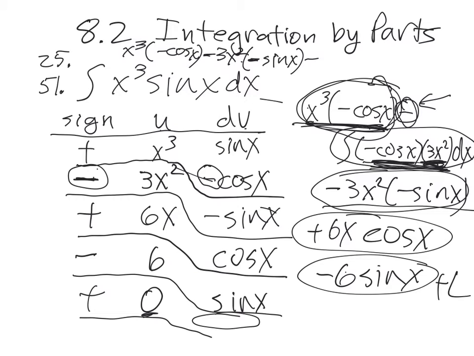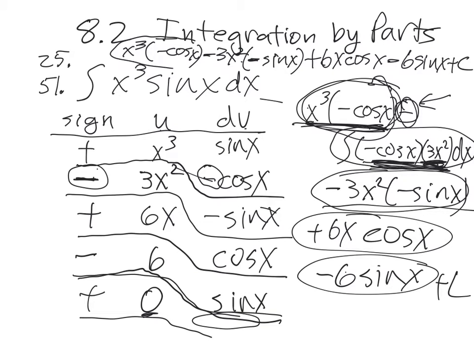And then plus 6x cosine x, then minus 6 sine x plus the c. And of course, we would usually put the negative out in front. We'd go ahead and combine those and make that a plus.